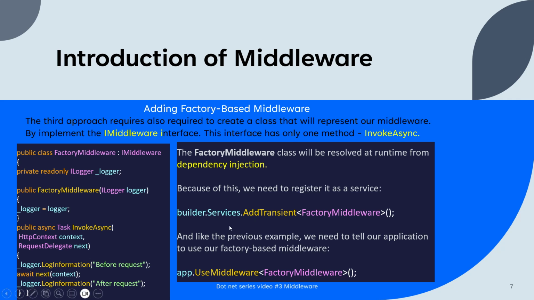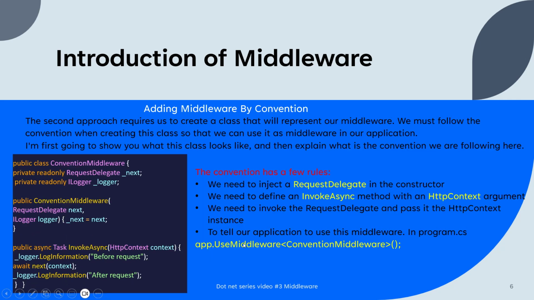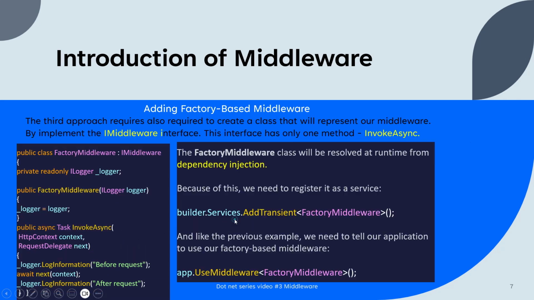In this, how to use it: builder.services.AddTransient factory middleware, IMiddleware class in conventional. We just use middleware, whatever we have, conventional middleware or like that. Use middleware, factory middleware, same thing.